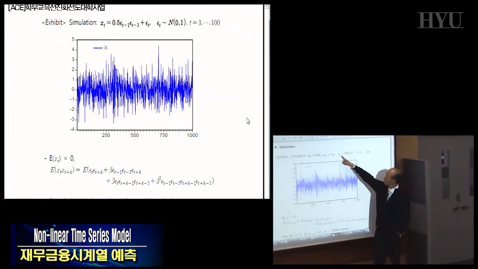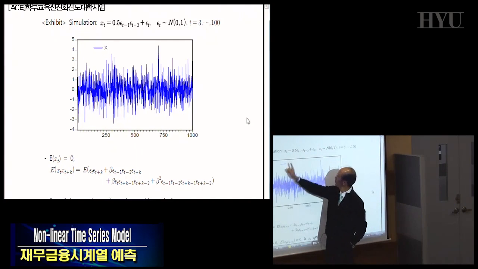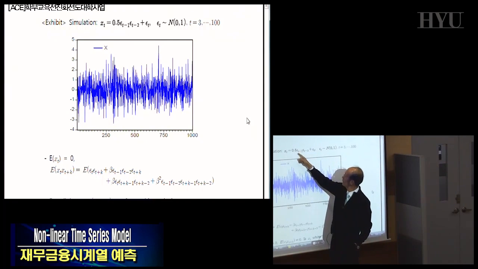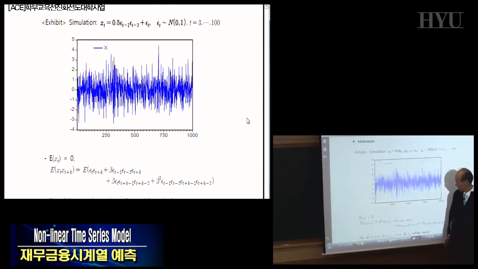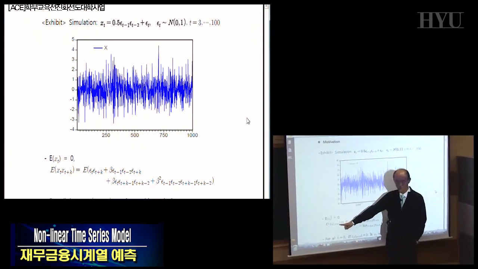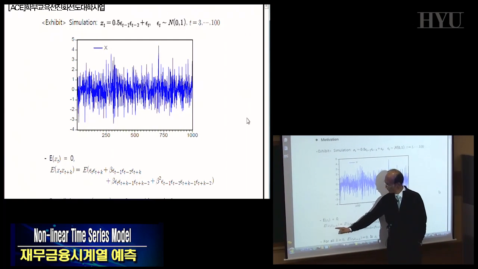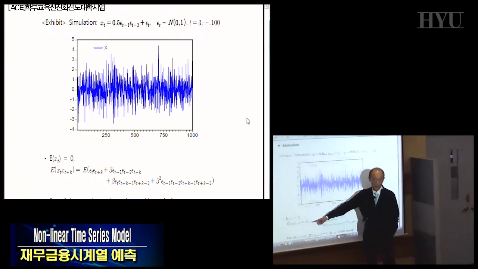if it is an IID sequence, obviously this is constant and this is uncorrelated, and so naturally the expected value is 0. And if you calculate the covariance between observations at t and t plus k, it has an expression like that.